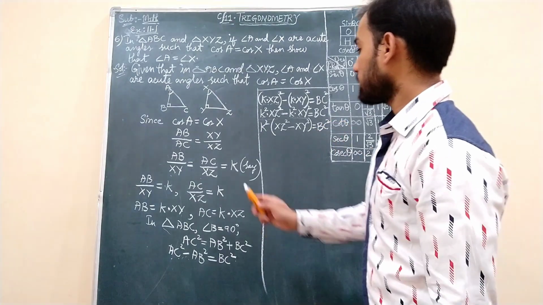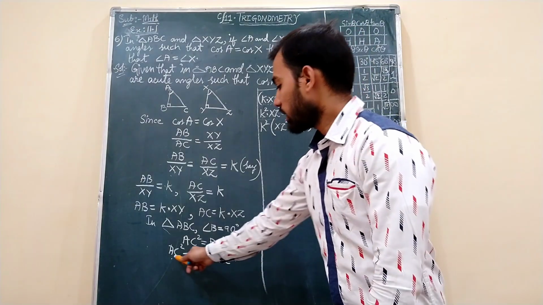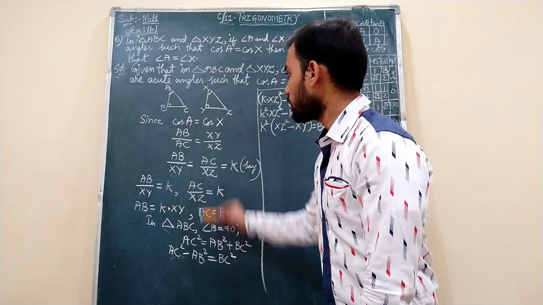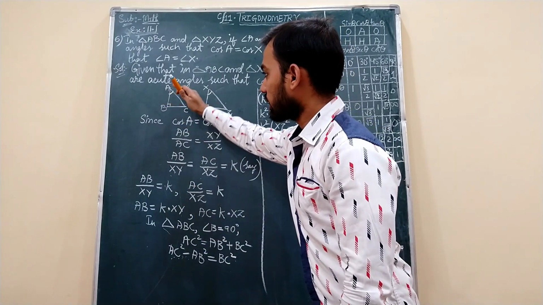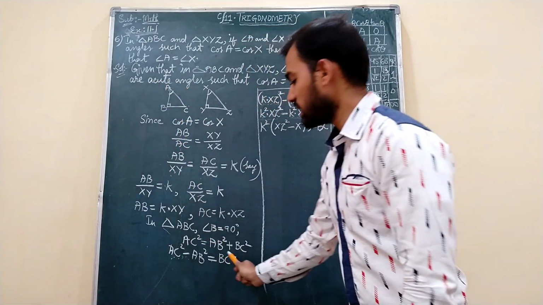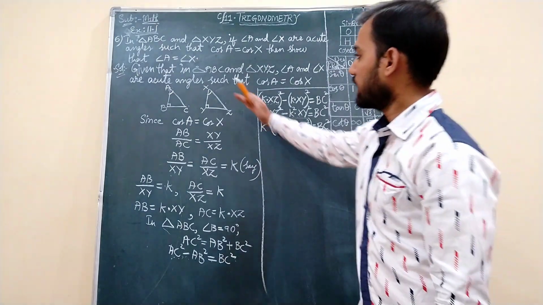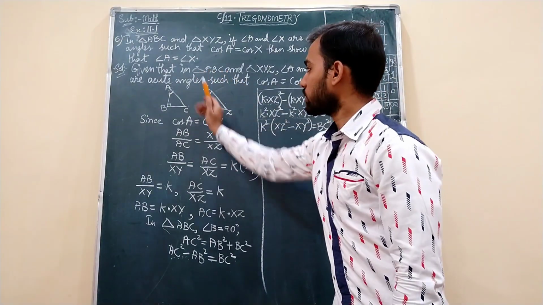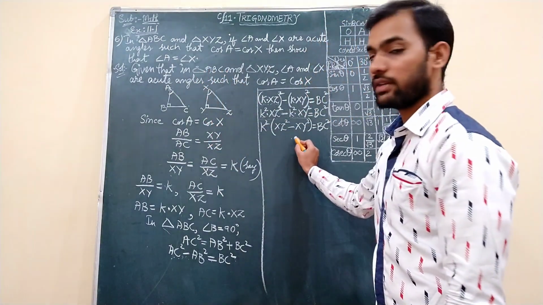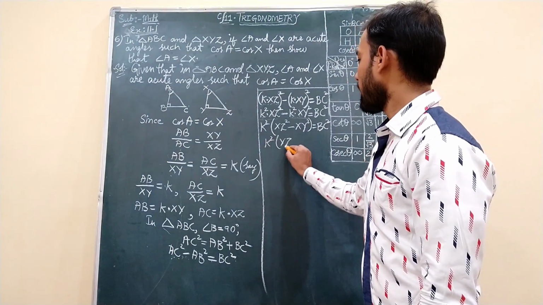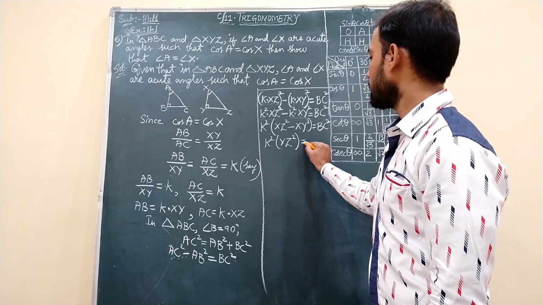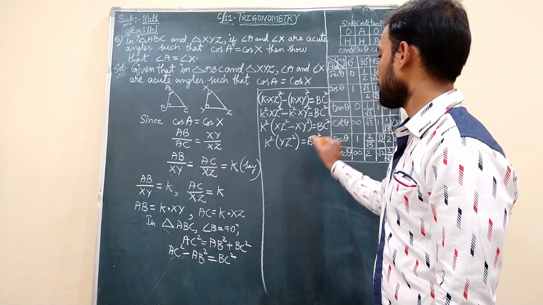So now, just now we got over here AC square minus AB square is BC square. Similarly, XZ square minus XY square gives you YZ square. That we will write over here. K square into YZ square is equal to BC square.